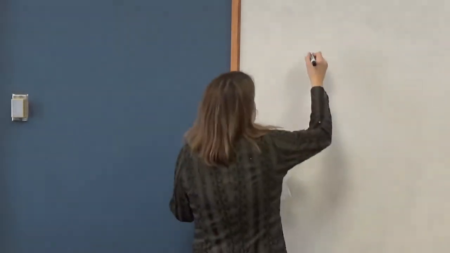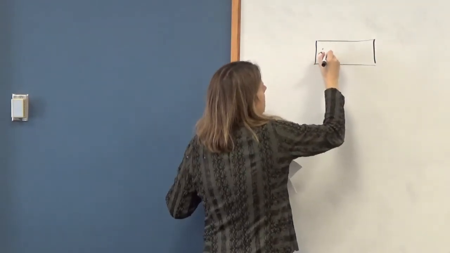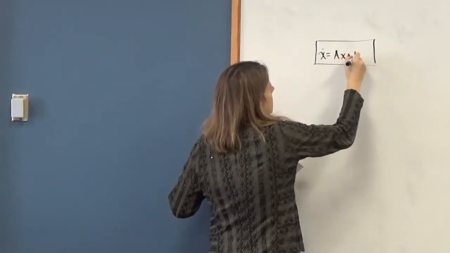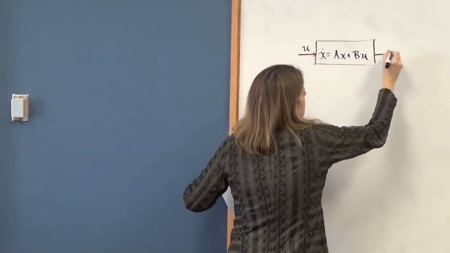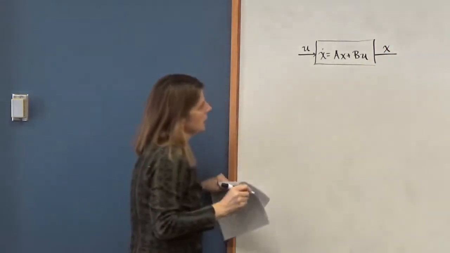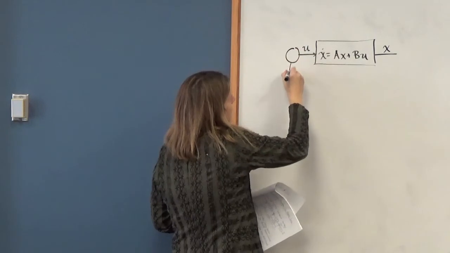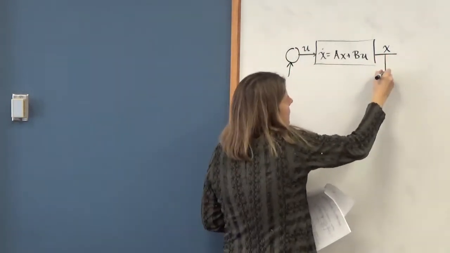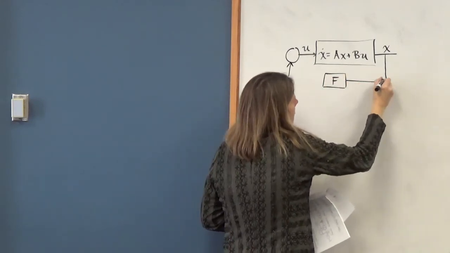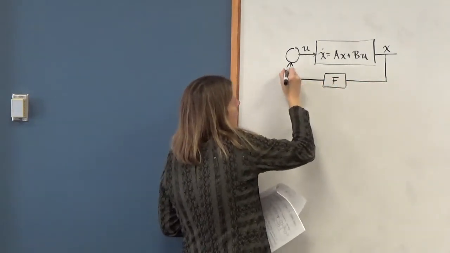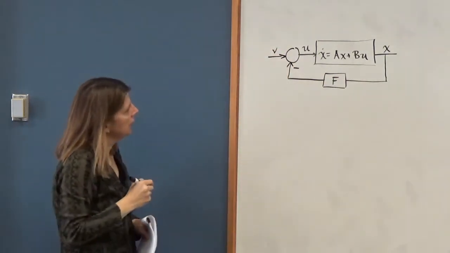So we've got this overall system. Here's our original system: x dot equals Ax plus Bu. Put in an input. Coming out of that, I have a state x. What I've been assuming is that I can take that state, feed it back through F, and let's do negative feedback like we've been doing, put in an auxiliary input v.